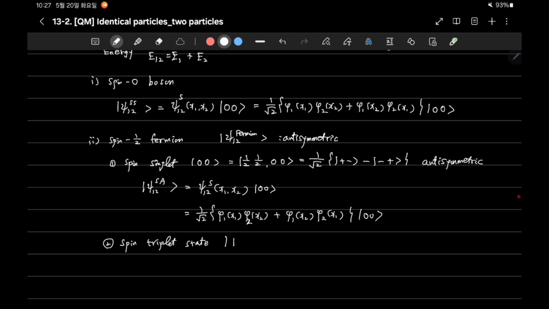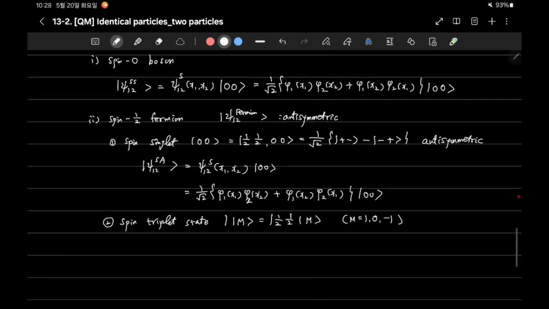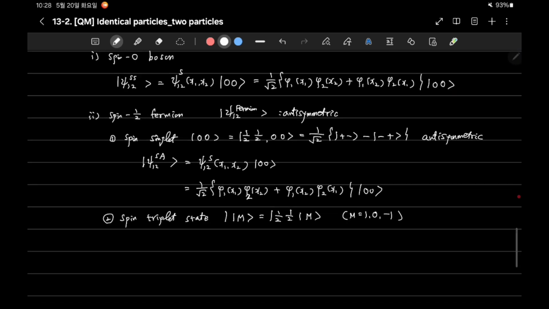and spin quantum number, spin is 1, magnetic quantum number 1, 0, minus 1, three possibilities. So in the uncoupled basis, it is spin 1, and the magnetic quantum number m equals 1, 0, minus 1, three cases. So the spin state is symmetric in the triplet state.